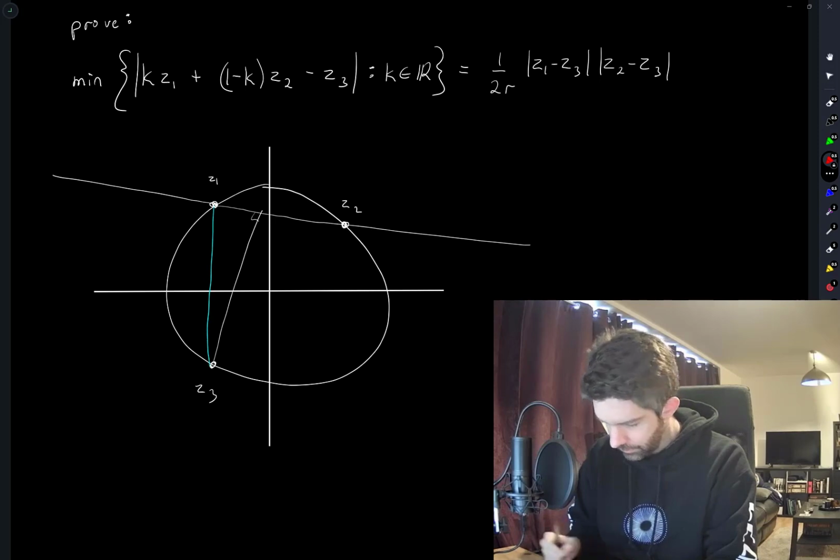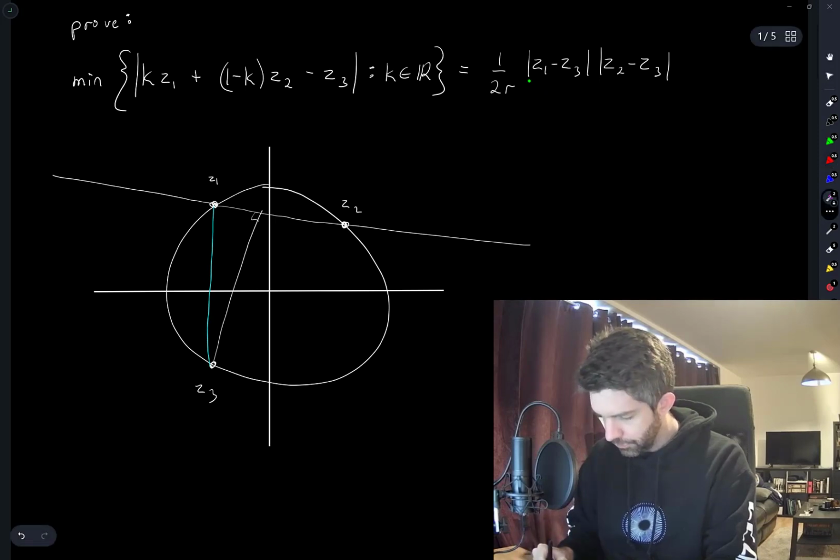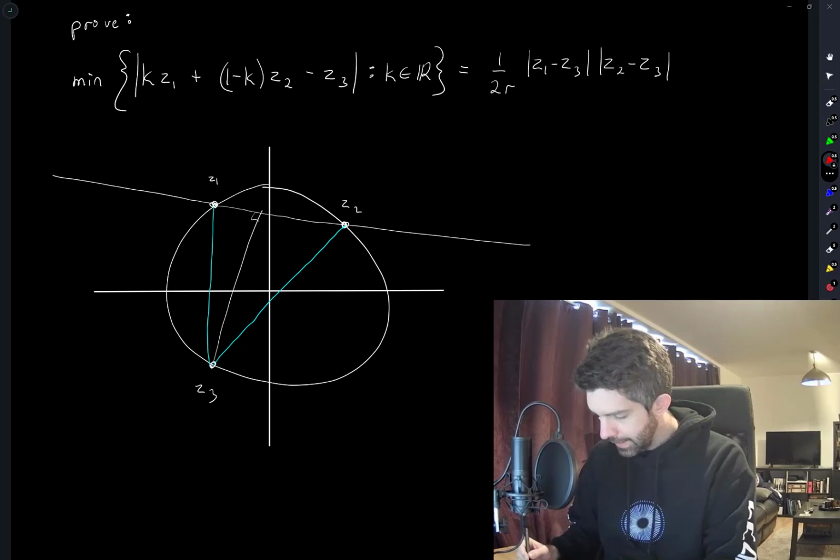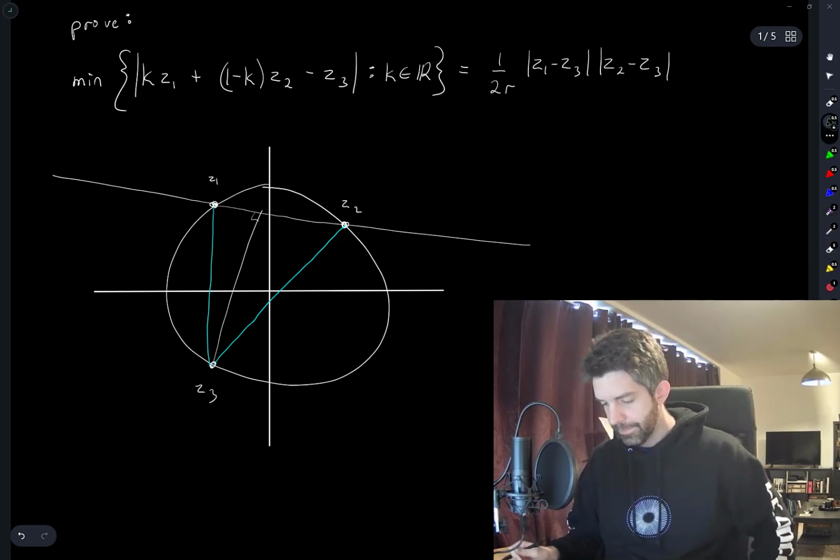This distance is this first magnitude from Z1 to Z3. We also have one from Z2 to Z3. And we're dividing this by 2r. Now all 3 of these points lie on the circle of radius r.